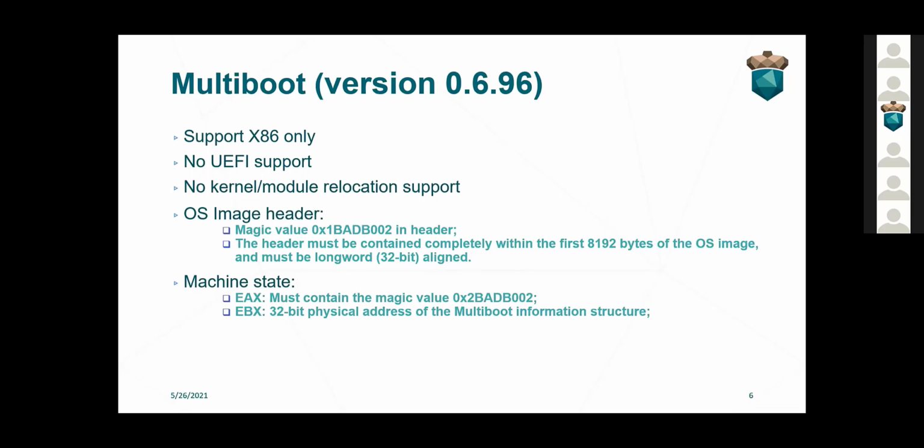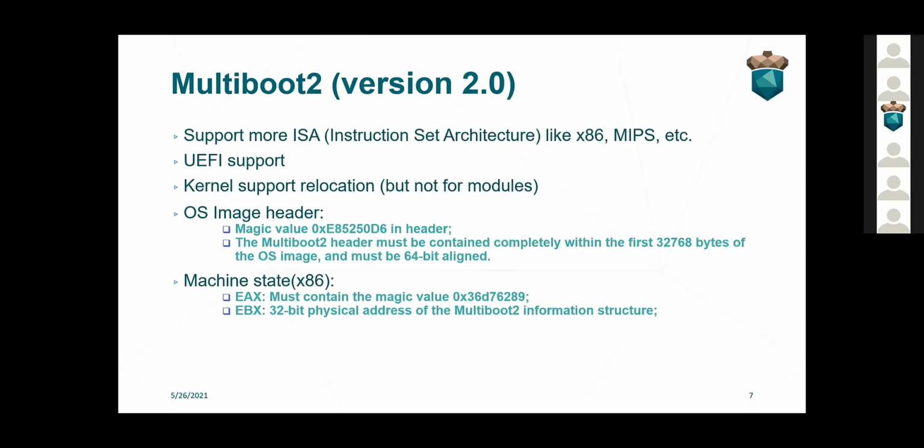The EAX register must contain the magic value, and EBX will include the 32-bit physical address of the multiboot information structure. So this is multiboot 1.